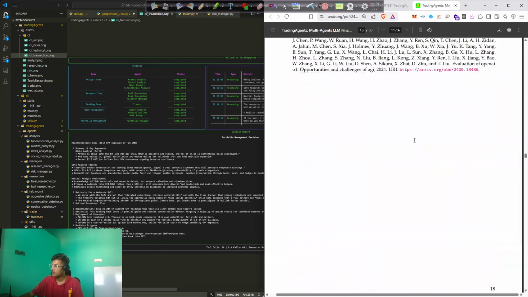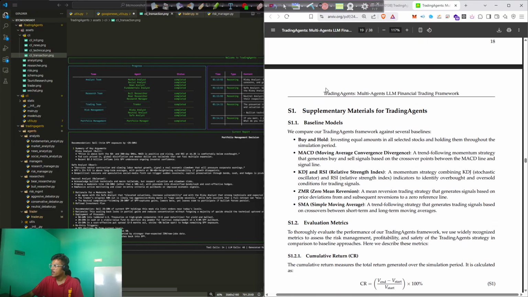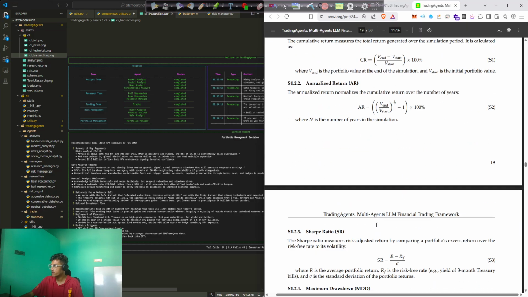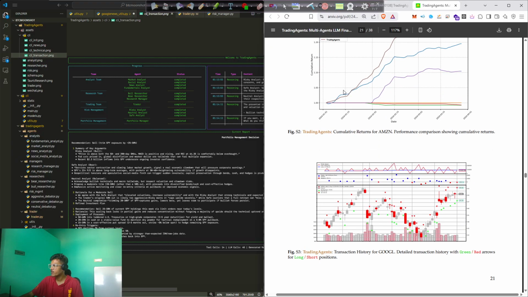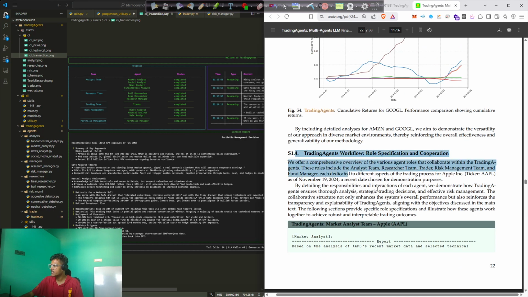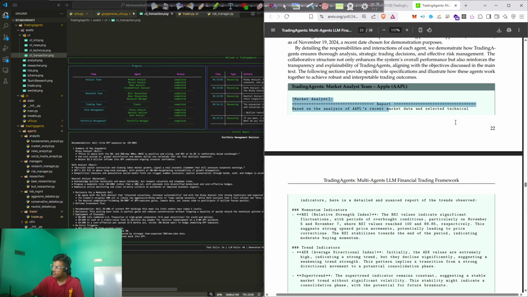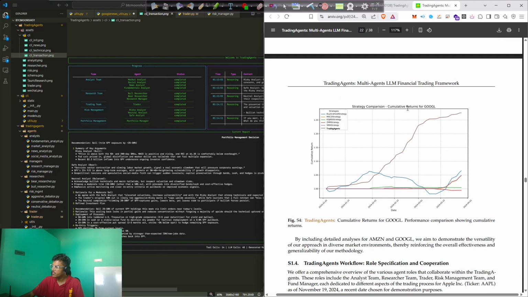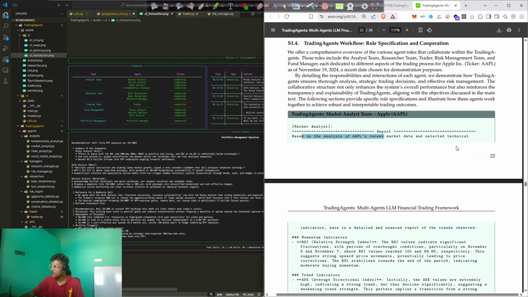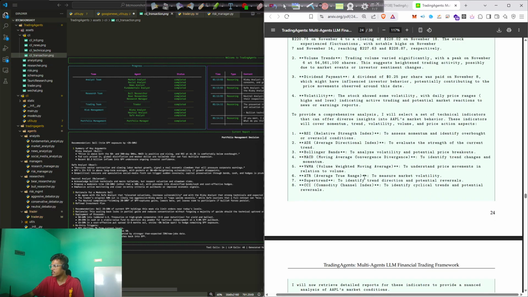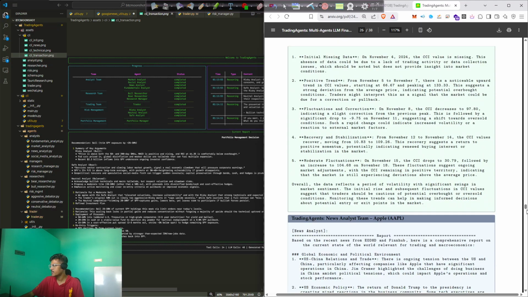But in the next couple of videos, we're going to be understanding the model, how it works, and the evaluation metrics they have used. Also, in the appendix there is the real evidence and proof of how those results came about.